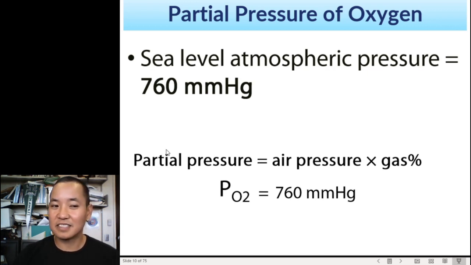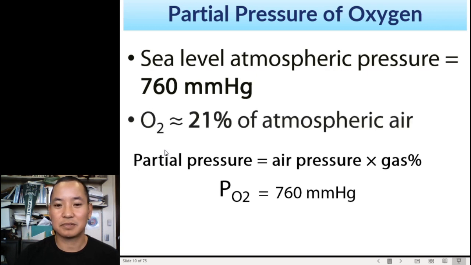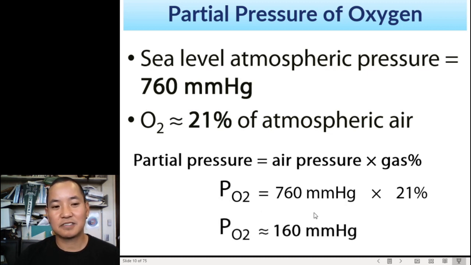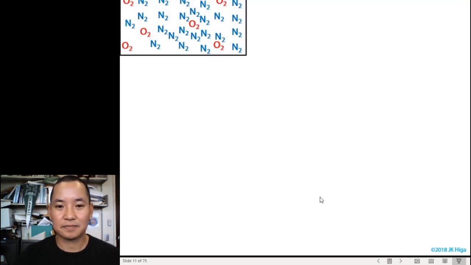Roughly just a little over 20%, so 21%. This is how you calculate the partial pressure of oxygen in air at sea level. Just multiply the two. How do you multiply a percentage? Just convert to a decimal, 0.21 times 760, and it's roughly 160 millimeters mercury. If you want to do a really rough estimate, you can just divide this by 5. There is a little inaccuracy, but it's an easier way of calculating this.